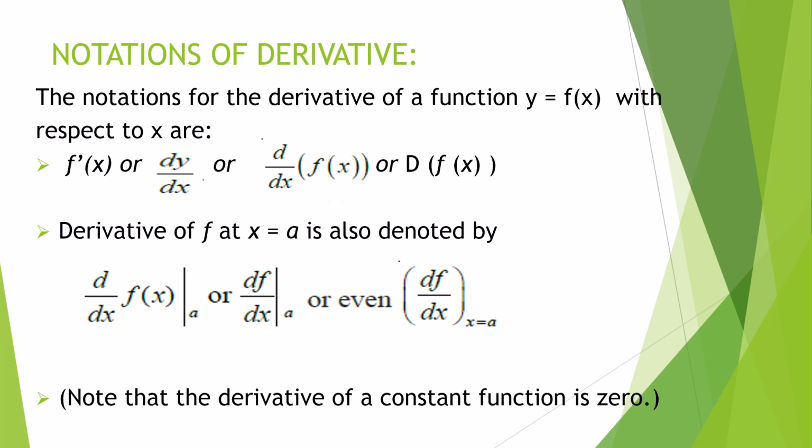Now if you are taking the derivative of f at a particular point x equal to a, then you write it in the form d by dx of f(x) at x equal to a. This is how it is denoted. Also note that the derivative of a constant function will always be 0. There is no change, so the derivative of a constant function will be 0.